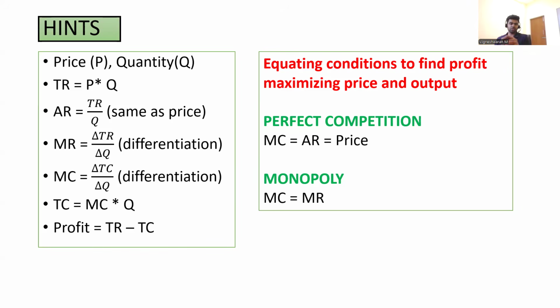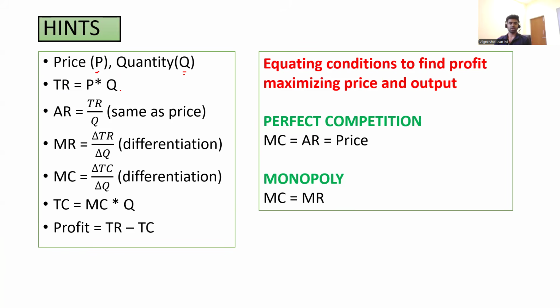And in the left side box, you can see a few formulas or hints for you. For a given question, the price is always written as P and the quantity is written as Q. TR means total revenue. Total revenue is nothing but price into quantity.